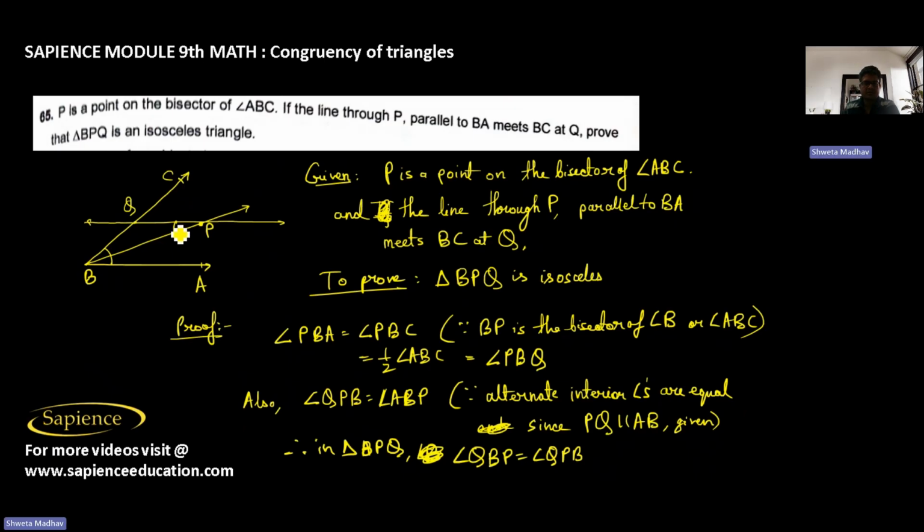So these two angles are equal, since both are equal to half of angle ABC, which is proved above.